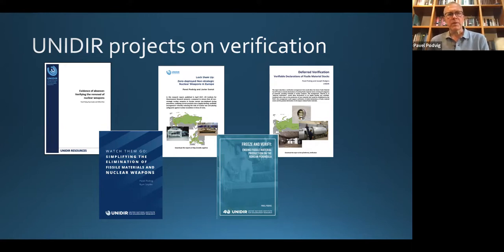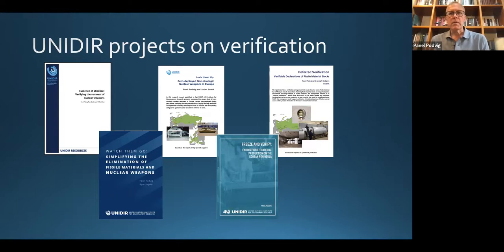Then we've done some work on verifying the removal of weapons, then deferred verification, and the dismantlement of weapons, and then I also try to apply this concept to the denuclearization in North Korea. As you can see, there are a few reports out there, and they're all on the website.